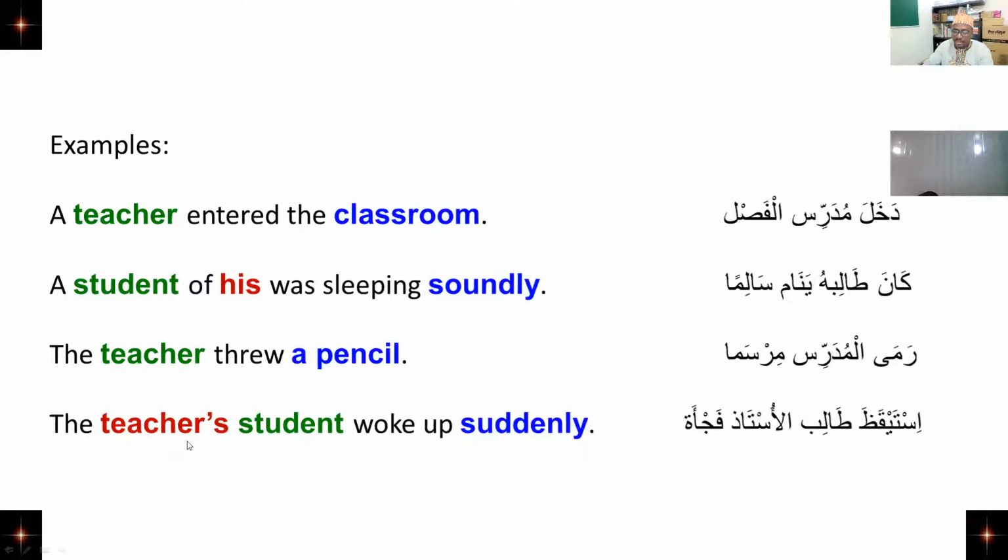So this word teacher is actually in jar status. That's why here you have to put the jar sign, which is kisra. And faj'atan shows how the waking up was done. So any answer to the question of how is always in nasb status. So this one will be faj'atan.